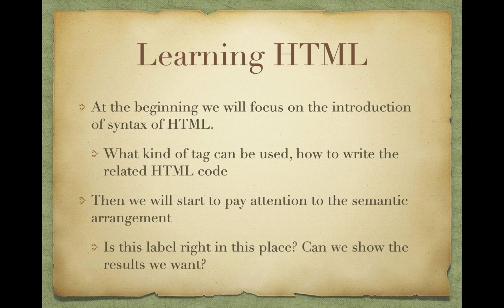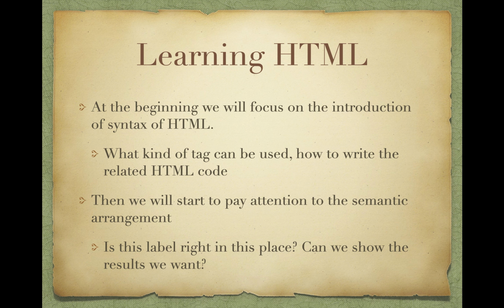And then we will start to pay attention to the semantic arrangement. Okay, so is the label right in this place? Can we show the result we want? Okay, so in web design, we have some pictures in our mind, and the result will look like this. But we need to use HTML to match what we imagine in our mind. Okay, so we will think further.